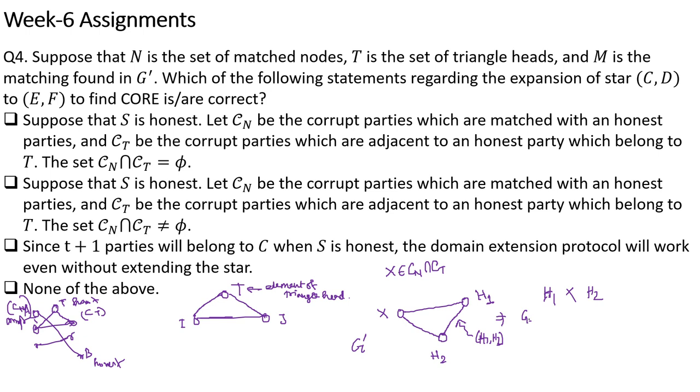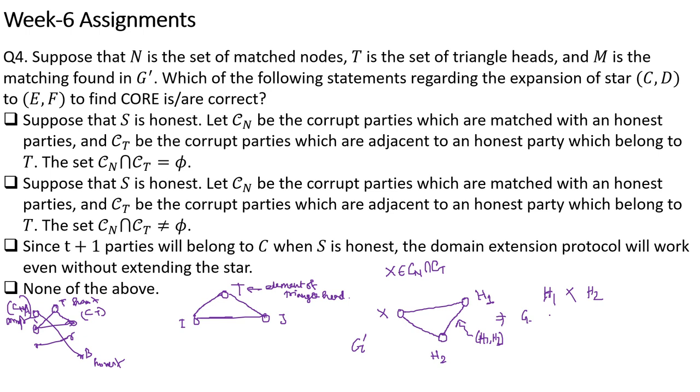So an edge between H1 and H2, two honest parties in G prime, implies there is no edge between the two honest parties H1 and H2 in G. But remember that S is honest, so all the honest parties must be consistent with each other, and there will be an edge in the consistency graph. So it cannot be possible that there is no edge between two honest parties in G. So our initial assumption was wrong, by contradiction.